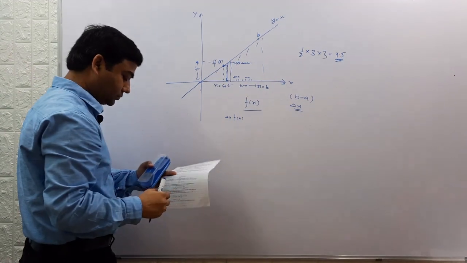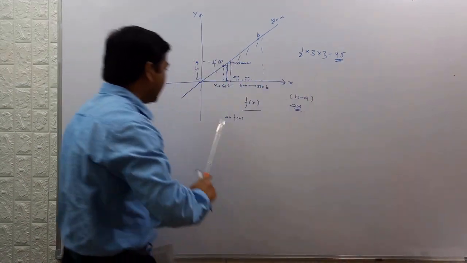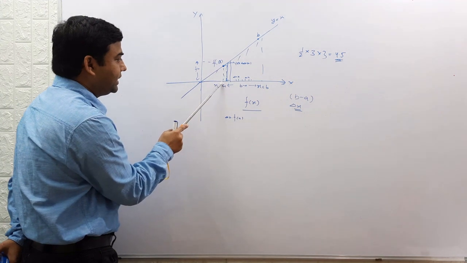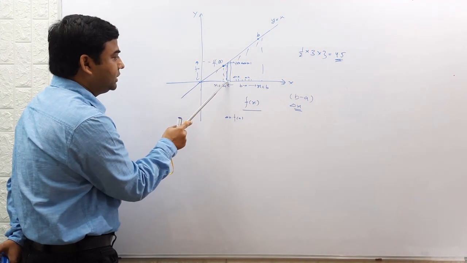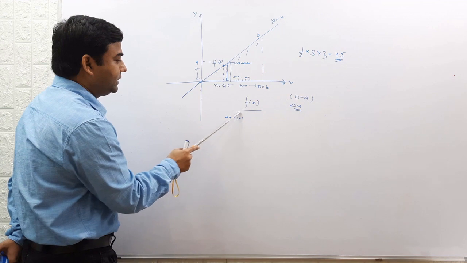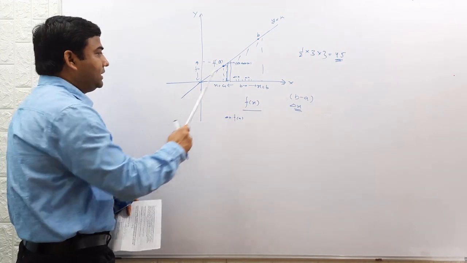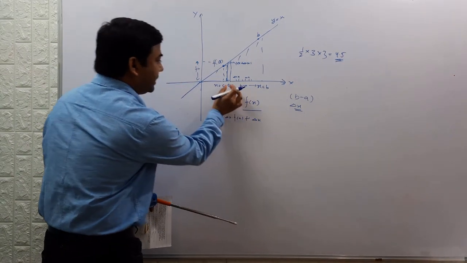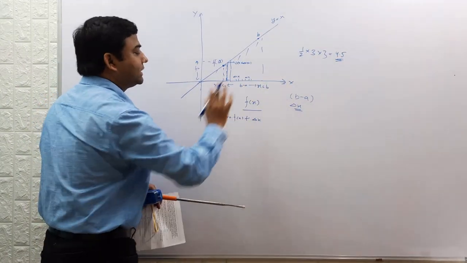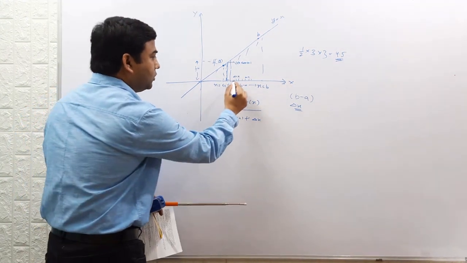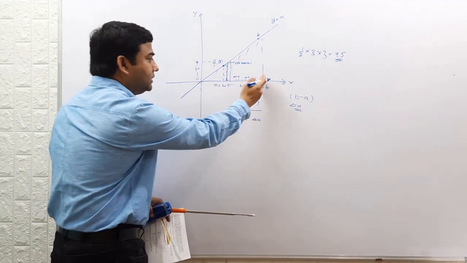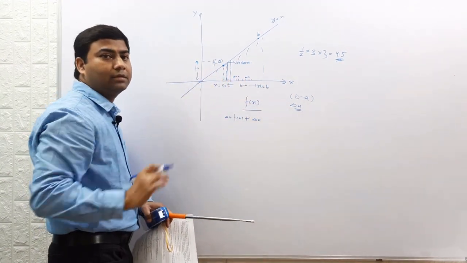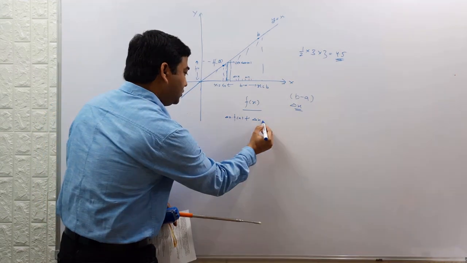The width of all rectangles is delta x, because we have divided the whole width into small delta x parts.